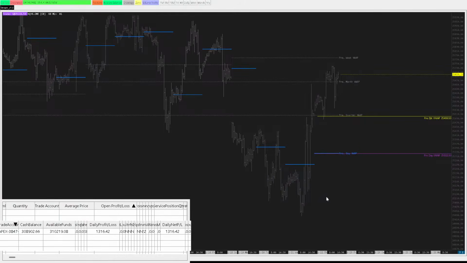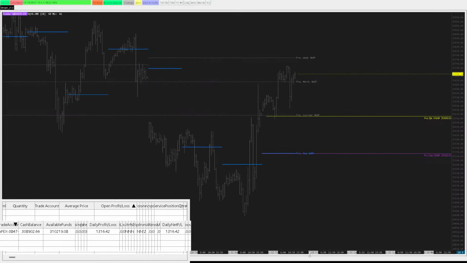The long-term VWAPs or long-range VWAPs, I just use them as a little more confluence. I used to really look at these horizontal levels, some of which are arbitrary, meaning I'm drawing them myself.